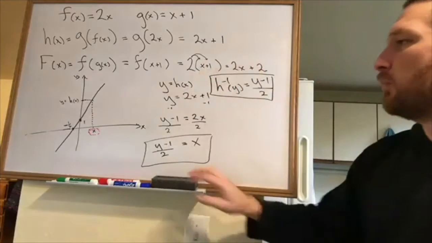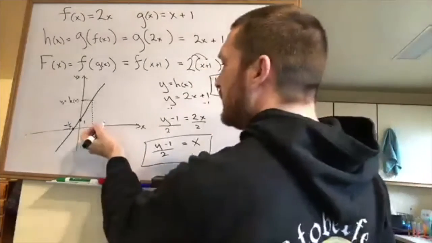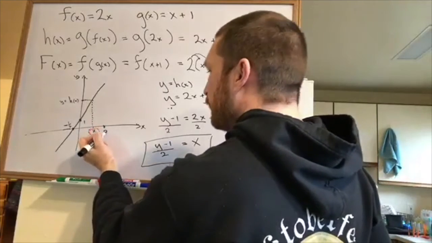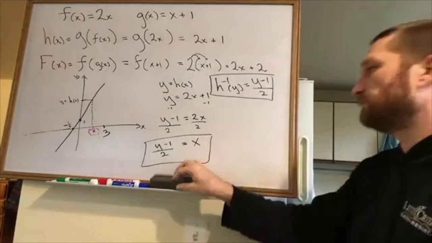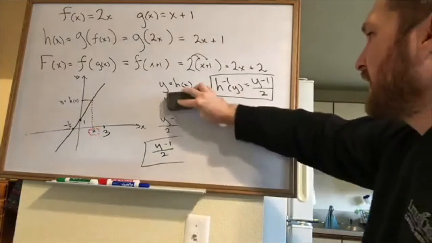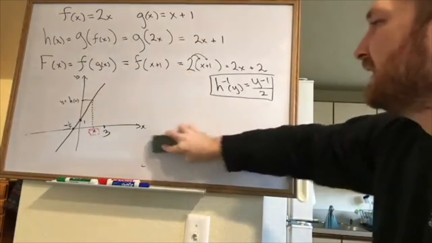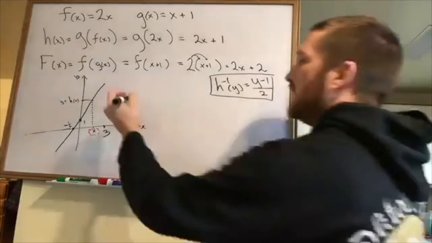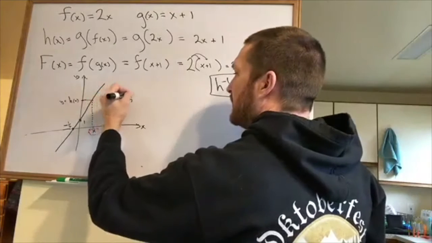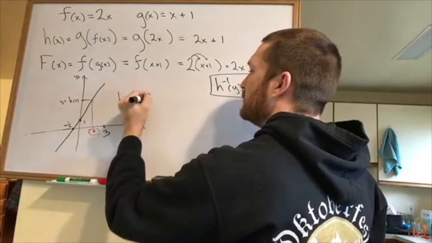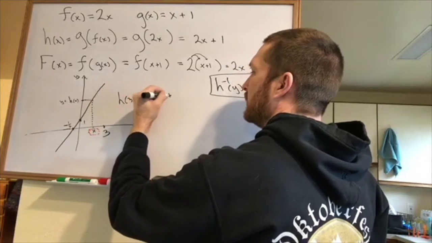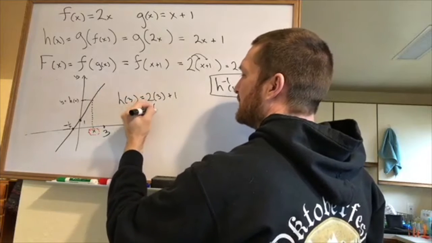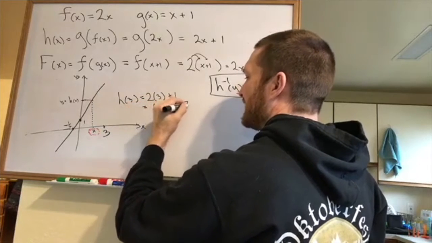Now let's just check a point. Let's plug in a 3 for x. So I'm plugging in a 3 into the original function h. h of 3 says 2 times 3 plus 1. That's 6 plus 1 is 7.